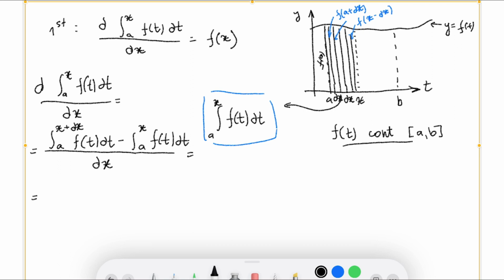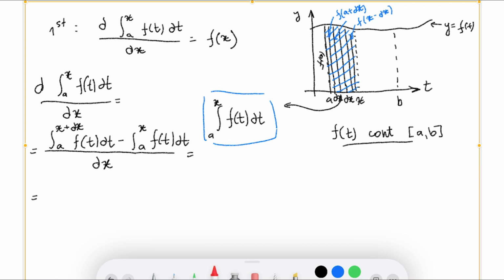Now we already said that this is our area, which is the integral from a to x.